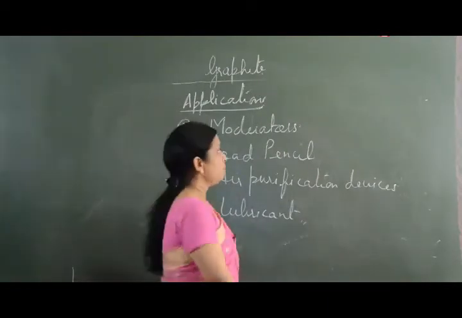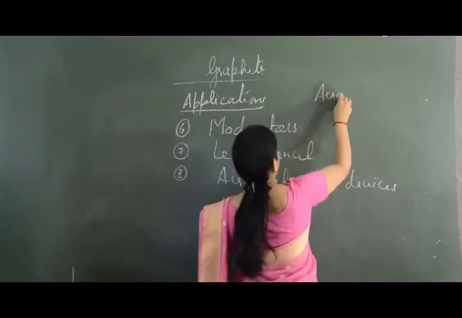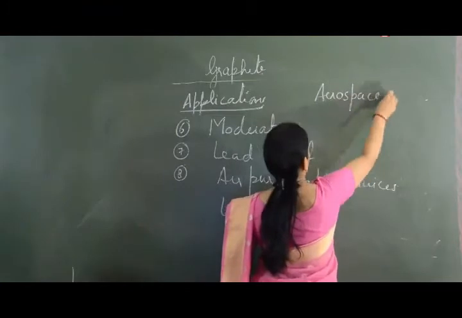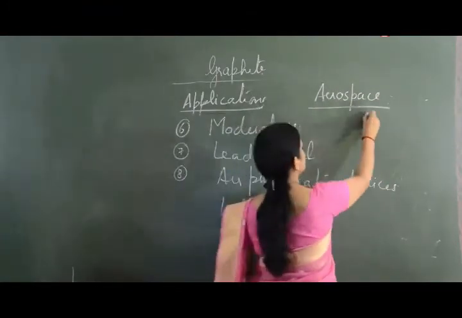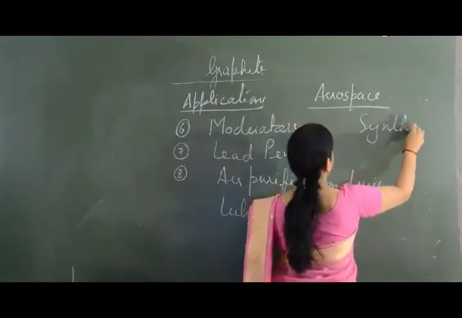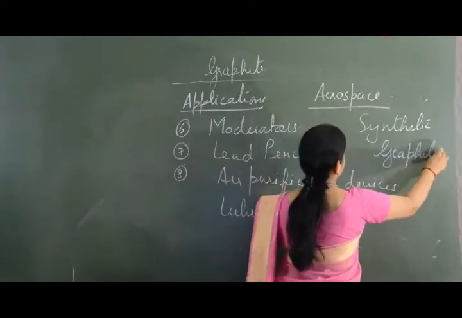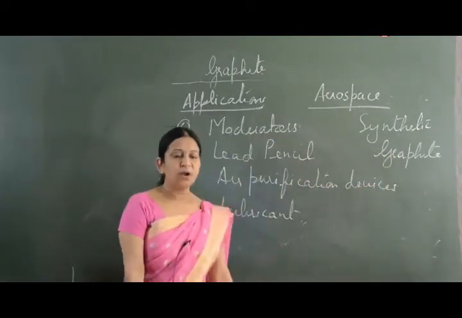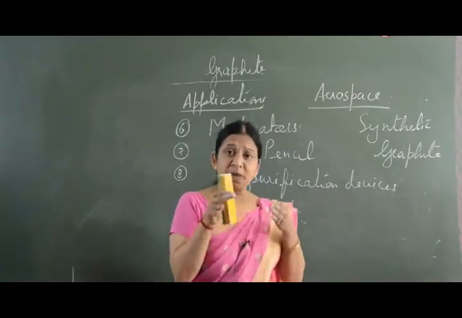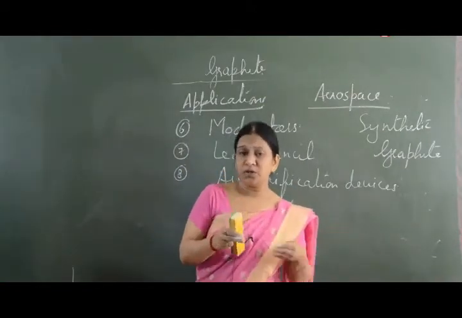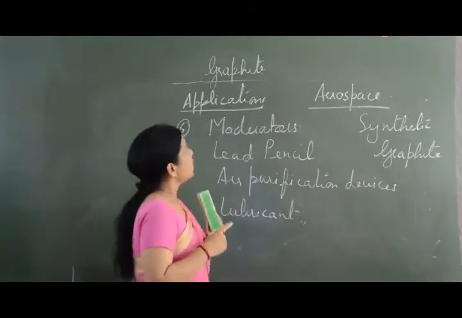It has one more important use: it is used in aerospace, and in aerospace the graphite used is synthetic graphite. So these are all applications of graphite, and it forms a basis of nanotechnology, as we are going to discuss in the next lecture. So this is all about graphite.